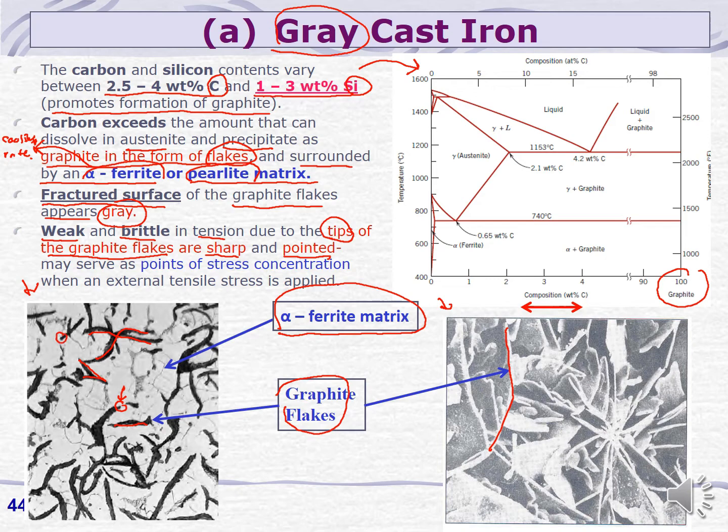All graphite flakes will have tips or sharp edges, and these tips may serve as points of stress concentration when an external tensile stress is applied. That's why grey cast iron is weak and brittle in tension.